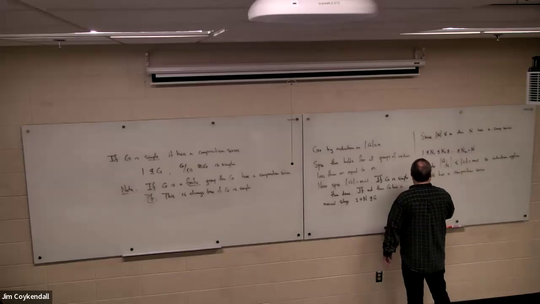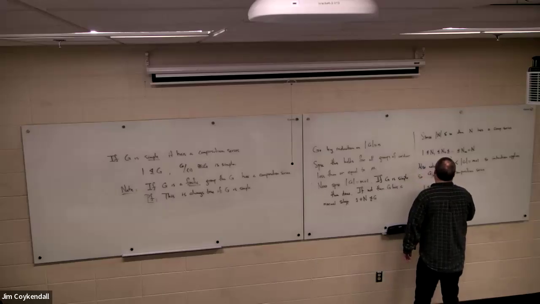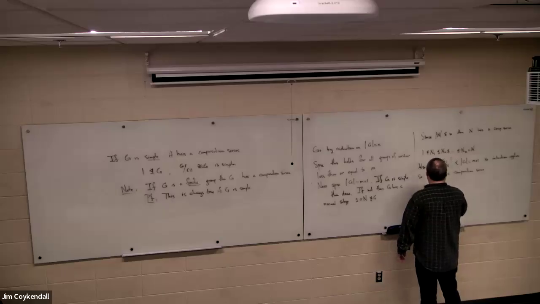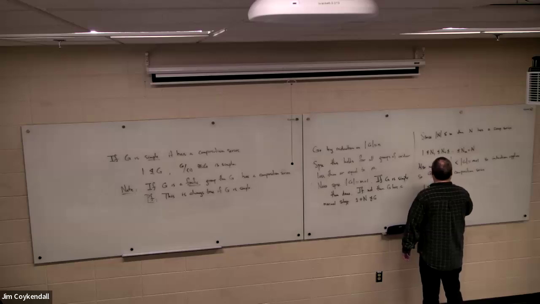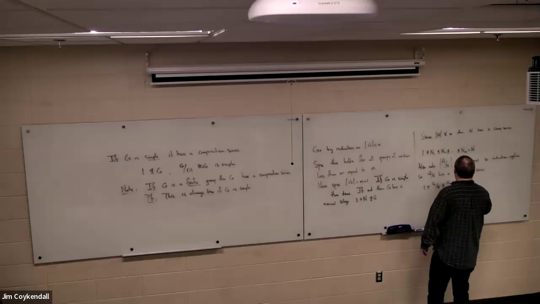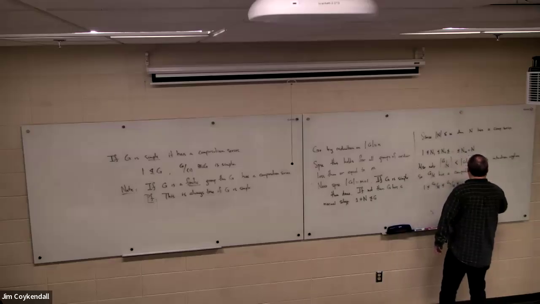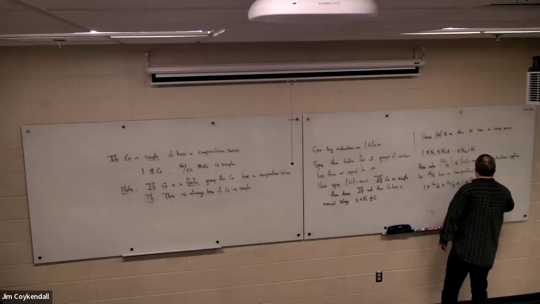I'll write it this way: one normal in, let me call this G1 mod N, normal in G2 mod N, normal in Gt mod N, which is G mod N.